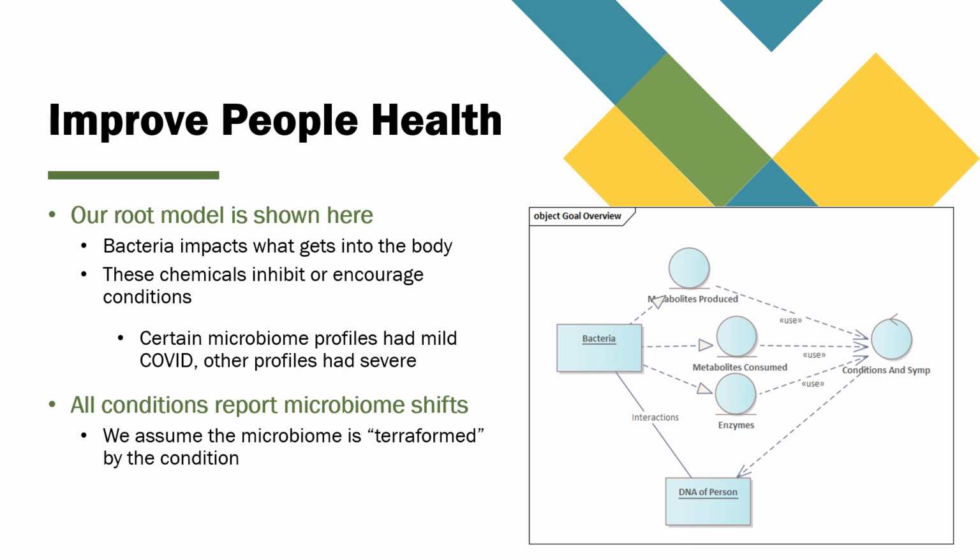Hence, it terraforms. So if we are able to unterraform, we make the environment more hostile to the condition or the infection. That is one of the key aspects of this approach. We are assuming that the shifts are either directly connected with the symptoms or indirectly connected, as in they are lending support to the symptoms.